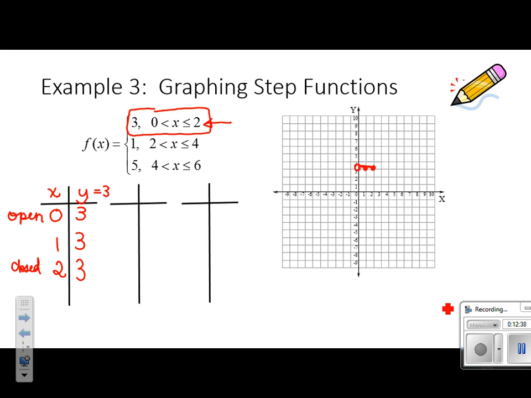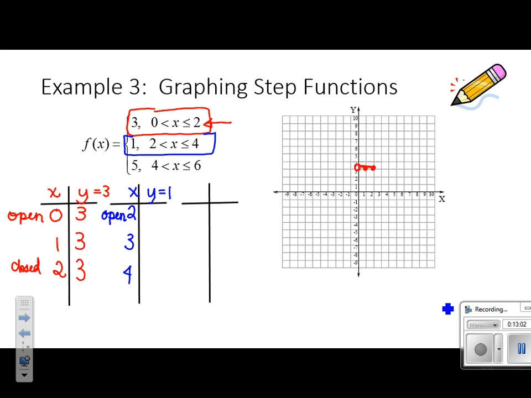Okay, then we'll go to the second function, which is f of x equals 1. So we'll use y equals 1. And the x values we want to use are 2, 3, and 4. And 2 is an open circle because we want it to be greater than 2, but not equal to 2.